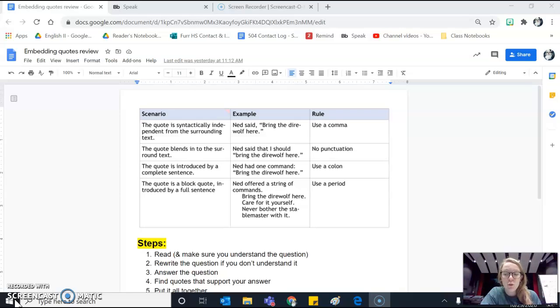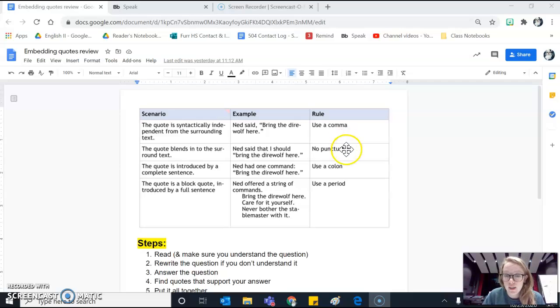So you use a comma when the quote is syntactically independent from the surrounding text. So when you introduce it, for example, Ned said, comma, bring the dire wolf here. So we are using a comma because it is independent from the surrounding text.